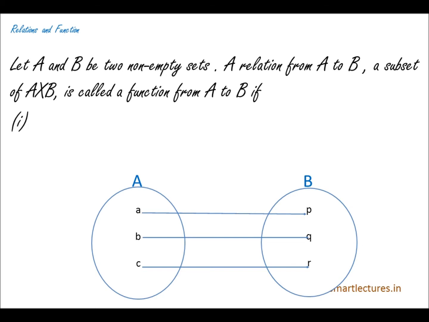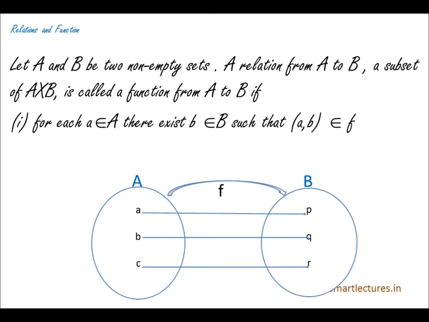First, for each element a which belongs to set A, there exists an element b which belongs to set B such that the ordered pair (a, b) belongs to f.